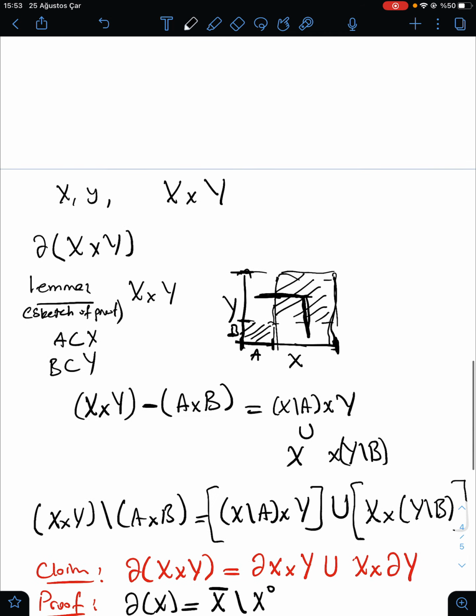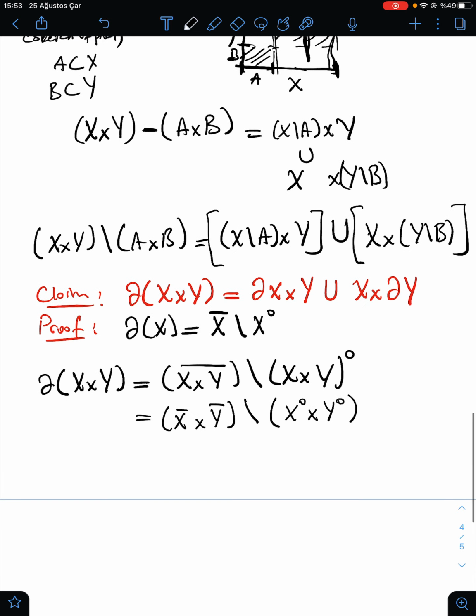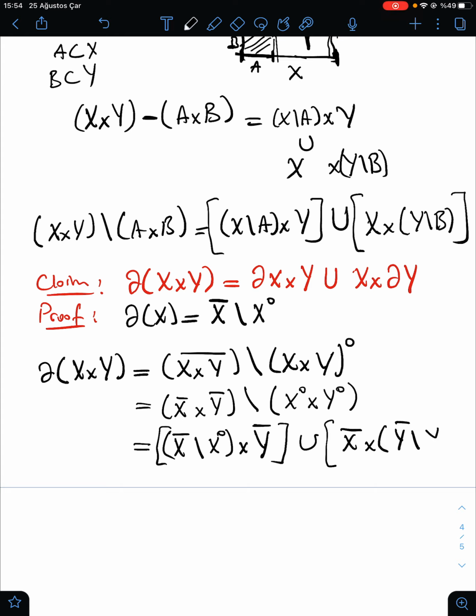Using the lemma, we get a big one minus a little one: X's closure minus X's interior, Cartesian product with Y's closure, and union X closure Cartesian product with Y closure minus Y's interior.